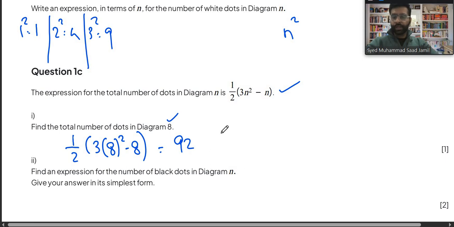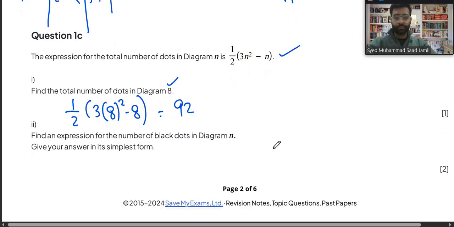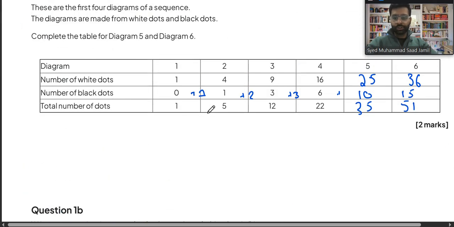Moving on, it says find an expression for the number of black dots in diagram n. Give your answer in its simplest form. Most of you will get confused. If you look at the question, I have total dots, right? And if from my total dots I subtract the white dots, I will get the black dots.